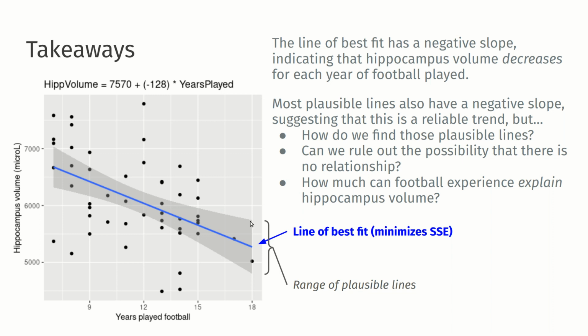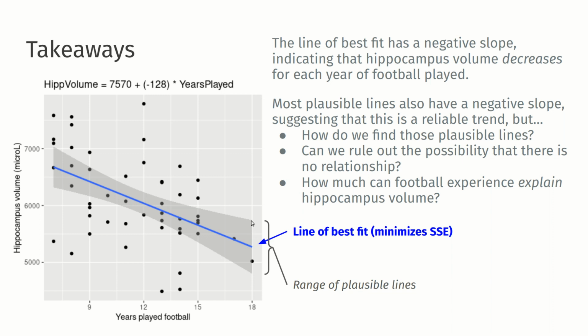And this little gray region here that you can see, this is something that a lot of modern statistical software will give us for free, has some interesting features, and that region basically contains the 95% most plausible lines that would go through all of these data.